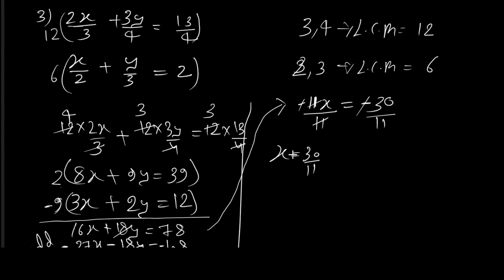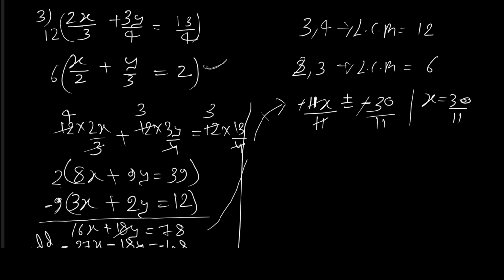To find the value of y, let's plug the value of x into the second equation, which is pretty much easier. We don't have more values here, so we can easily plug the value in. I'm going to write it here: x equals 30 over 11.